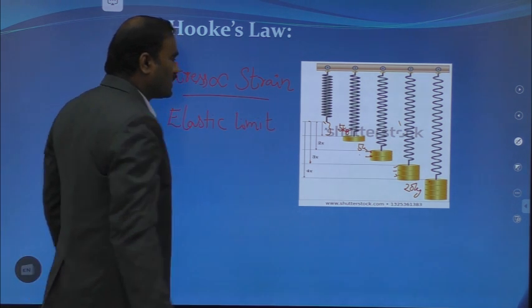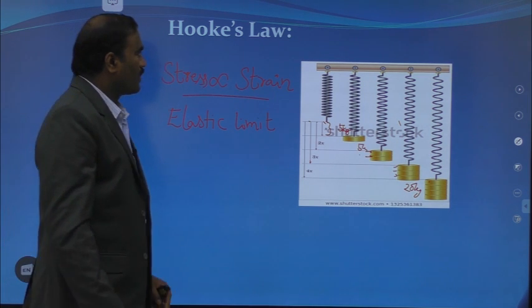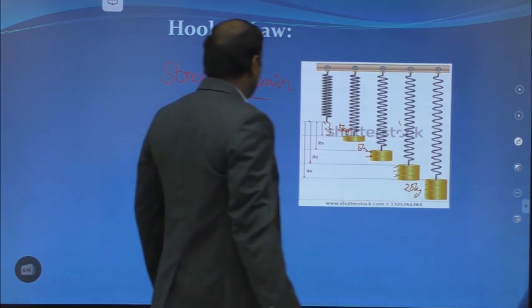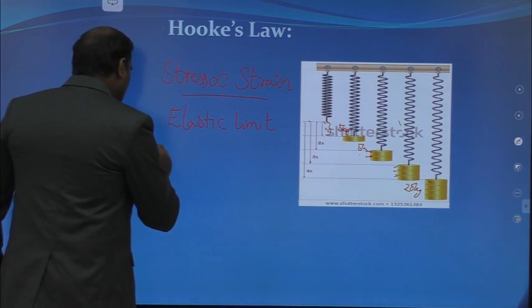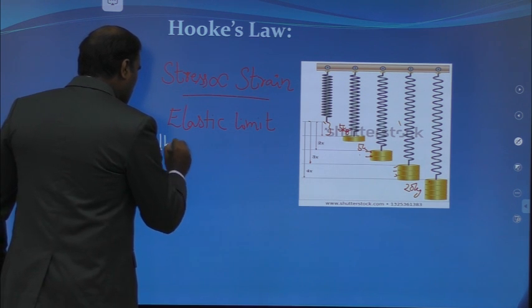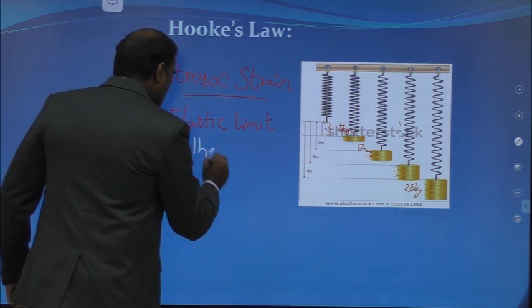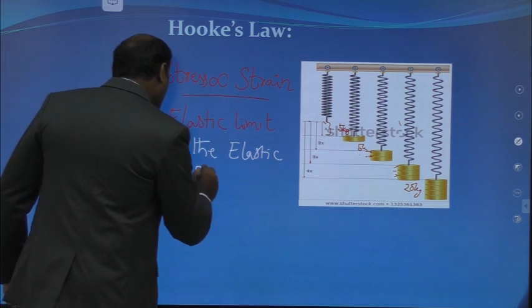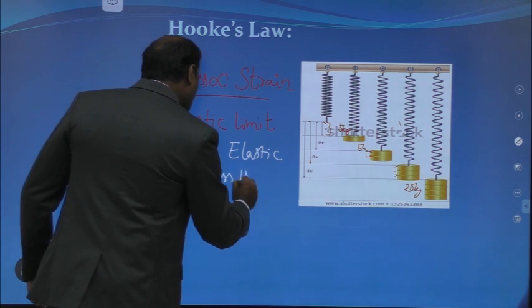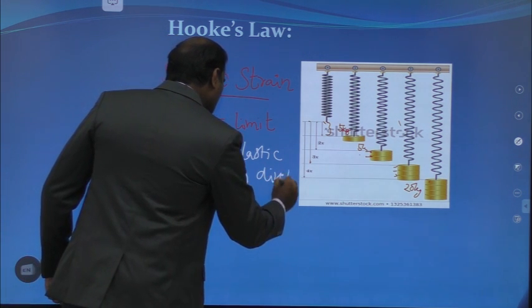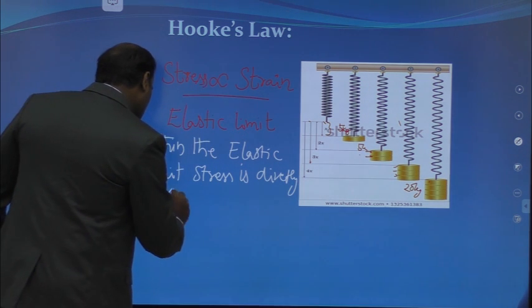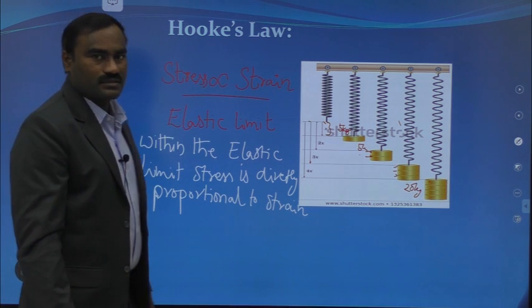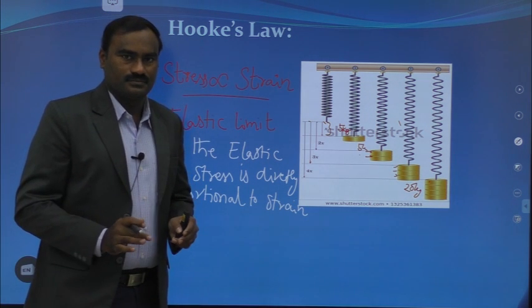So we can define Hooke's law as: within the elastic limit, stress is directly proportional to strain. This is called Hooke's law.